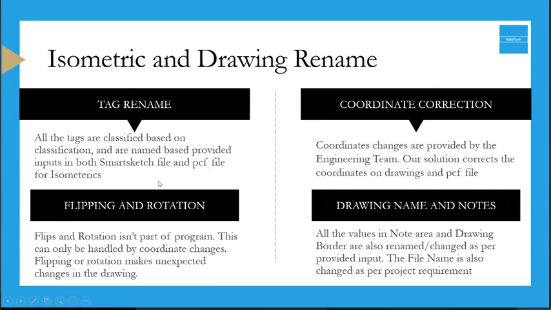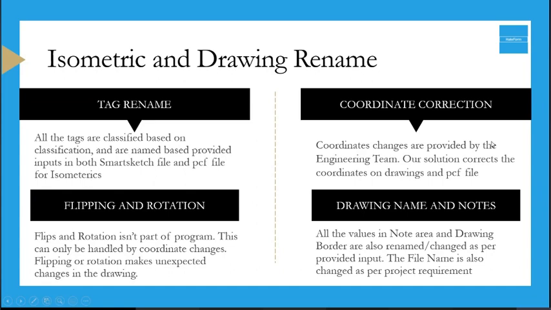So everything that has to be changed, let's say our unit number, area number, or just the train number, or our suffix for some instruments from A to B to C, all these things are accepted and changed with this tag rename function.